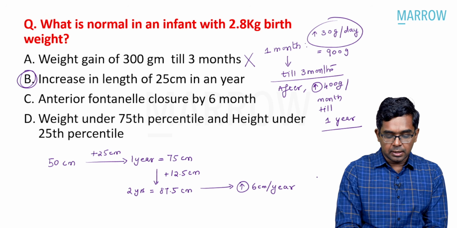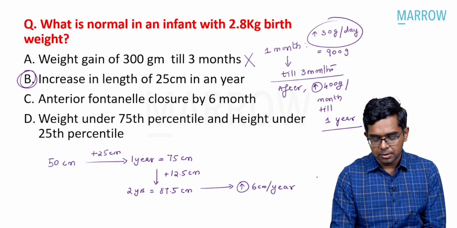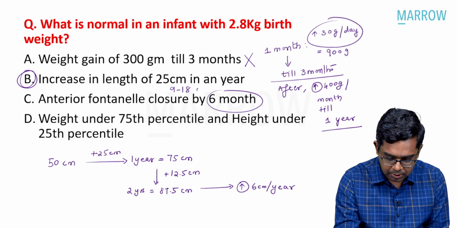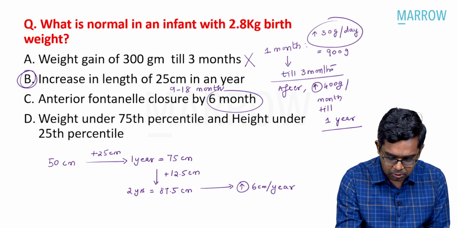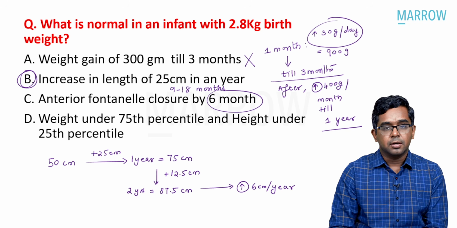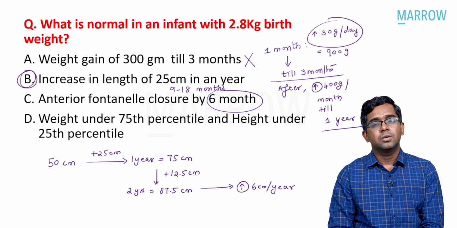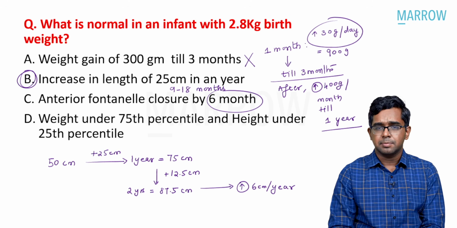Look at option C, anterior fontanel closure by 6 months of age. It is not 6 months, it is 9 to 18 months when the anterior fontanel would close. So, that is a wrong statement. Weight under 75th percentile and height under 25th percentile: is it normal? It is absolutely normal.